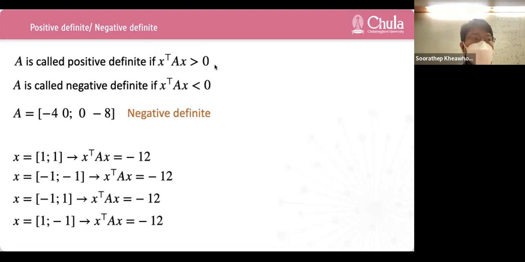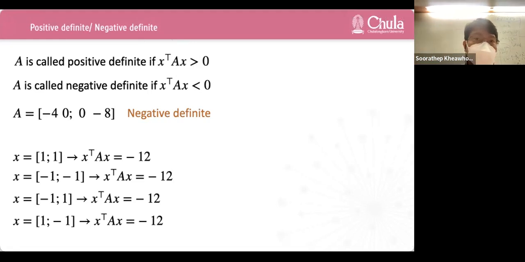A is called positive definite if we have a vector x, and then we multiply x transpose with A and x, and the resulting value is positive.